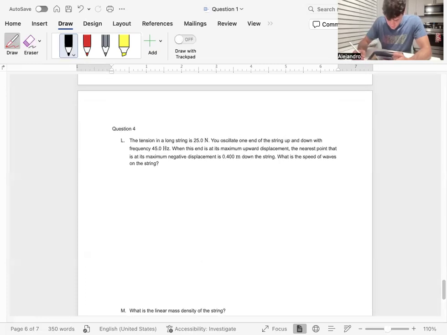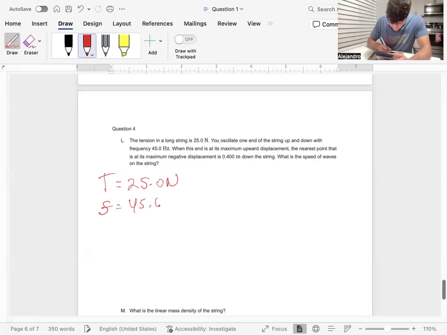Okay, let's read one more time. The tension in the long string, tension is given to us. It's going to be 25. You oscillate one end of the string up and down with frequency 45 Hz. When this end has a maximum upward displacement, the nearest point.